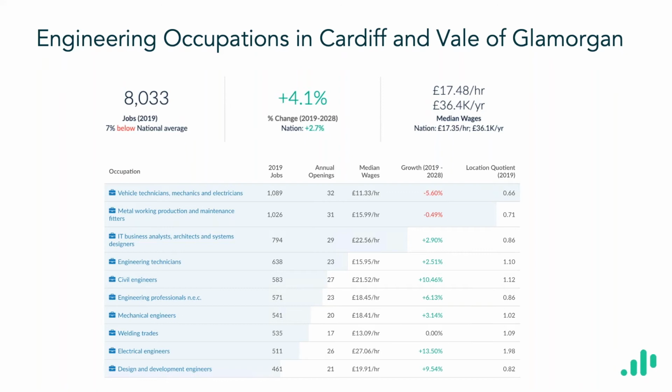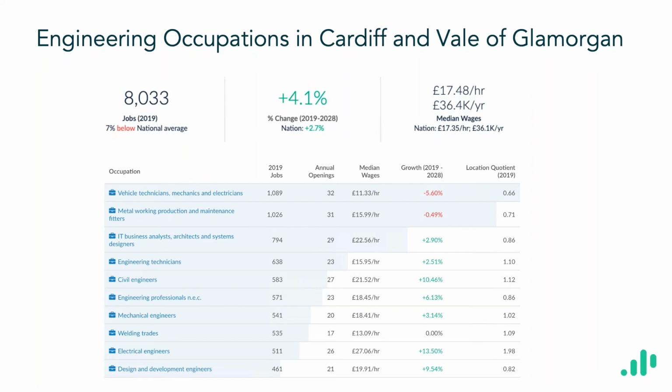So both quite small in percentage terms, and there's still a really good number of jobs there. So that decline could be negligible, but still, nonetheless, it's worth highlighting that to potential students. But then, as we work down the list, there's some quite strong growth areas. So we've got civil engineers and electrical engineers, both in double digits in terms of percentage increases.